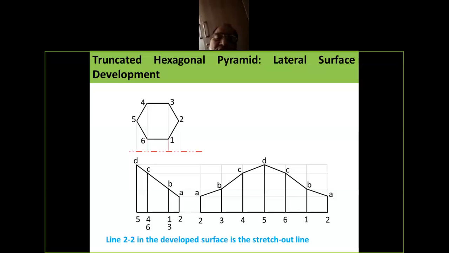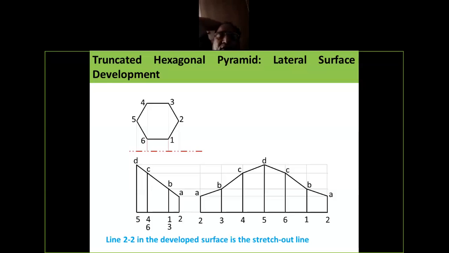For example, from 2 we cut the projection at A, from B we draw BB, from C, CC, and from D the projection cuts at point D. Then we join the line AB, BC, CD, DC, CB, BA. So the total development figure will be 2A, B, C, D, C, B, A.